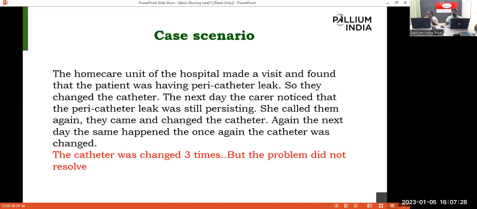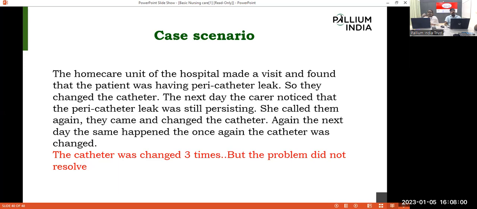Here the catheter was changed 3 times, but the problem is not solved. Again, pericatheter leak. So thanks for your comments.